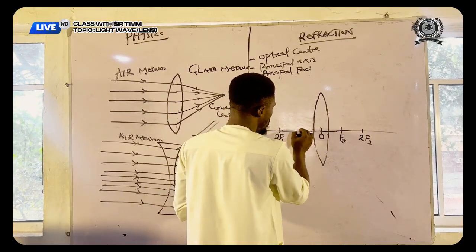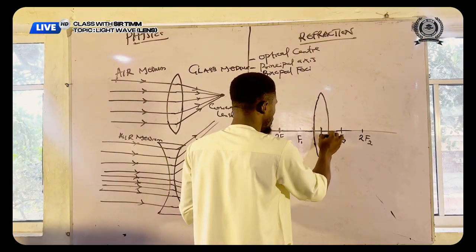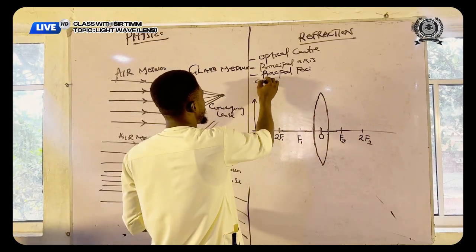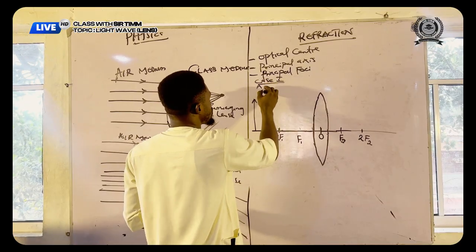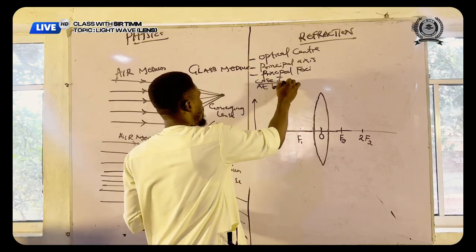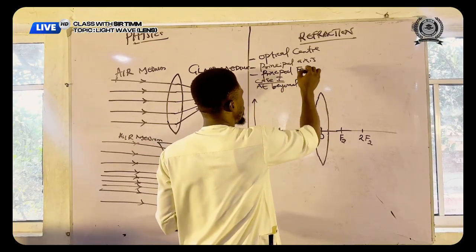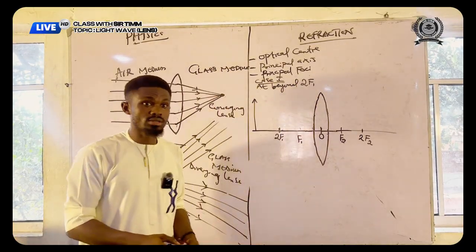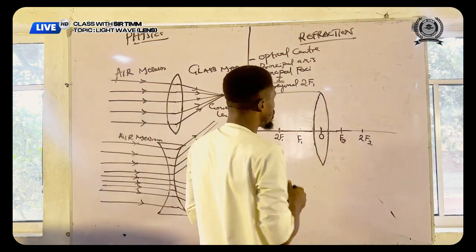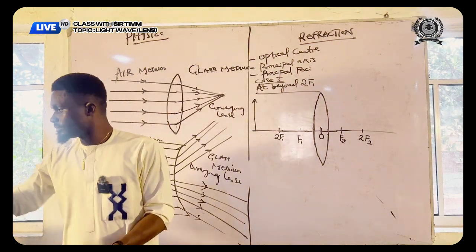Object beyond 2F1, isn't it? So how do we do it?